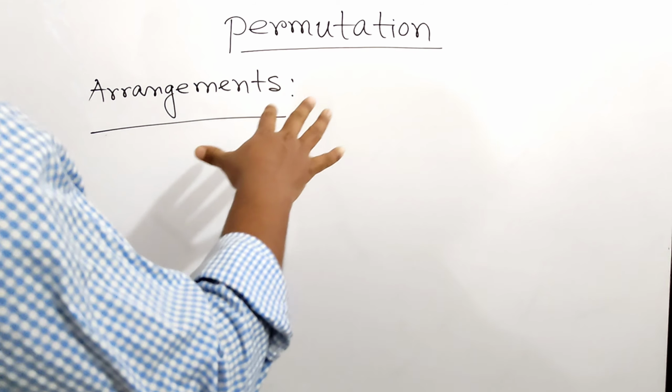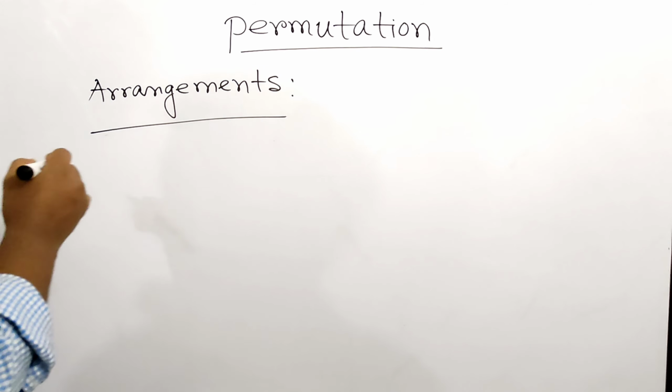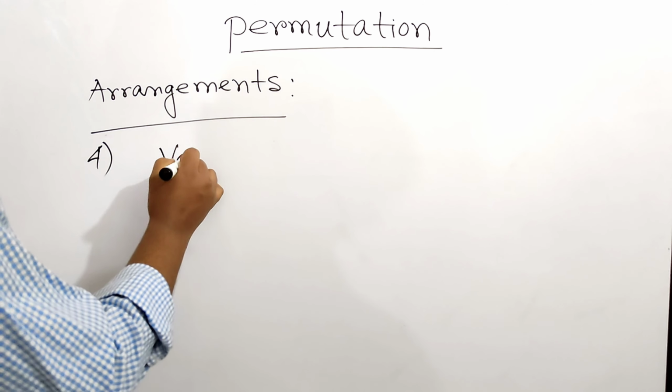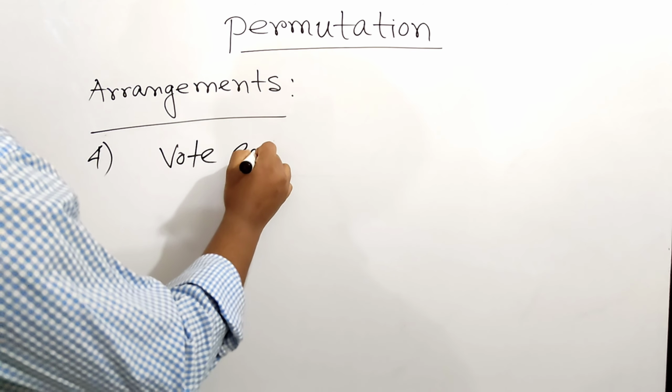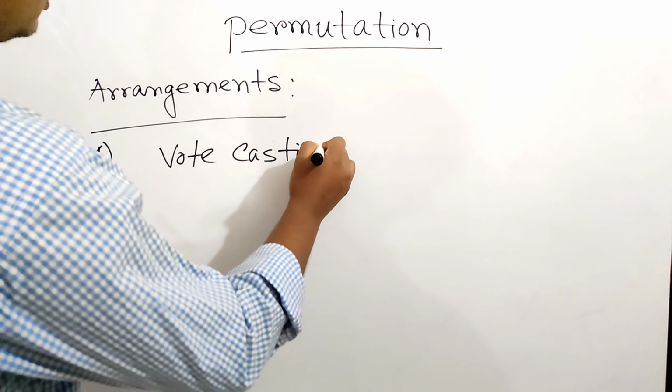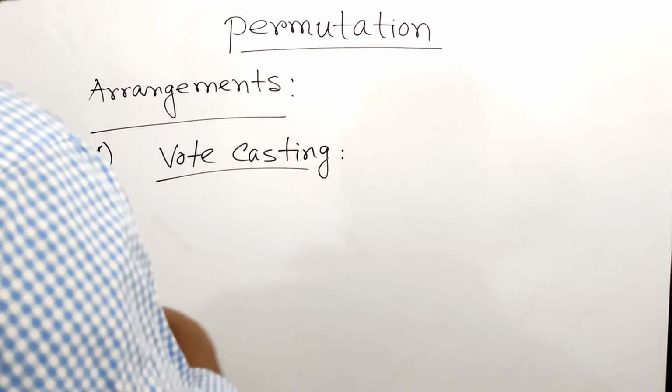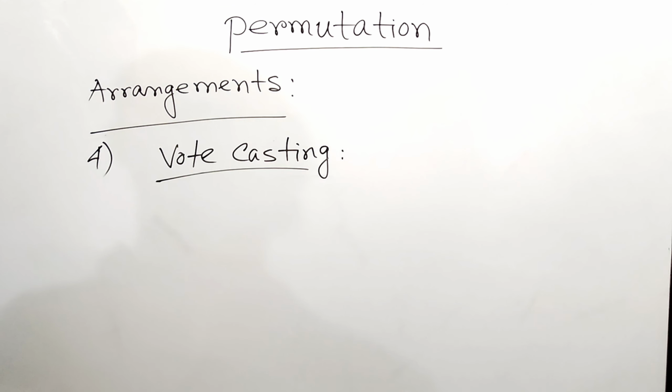Okay, now I'll show more examples for arrangement, number 4: vote casting. Suppose in an election there are some candidates and some voters.